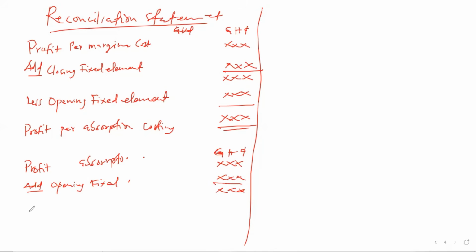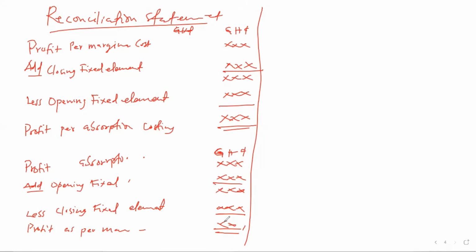Then you less the closing fixed element. Then you have to get the profit as per marginal costing. So any way you want to do it, it should reconcile.